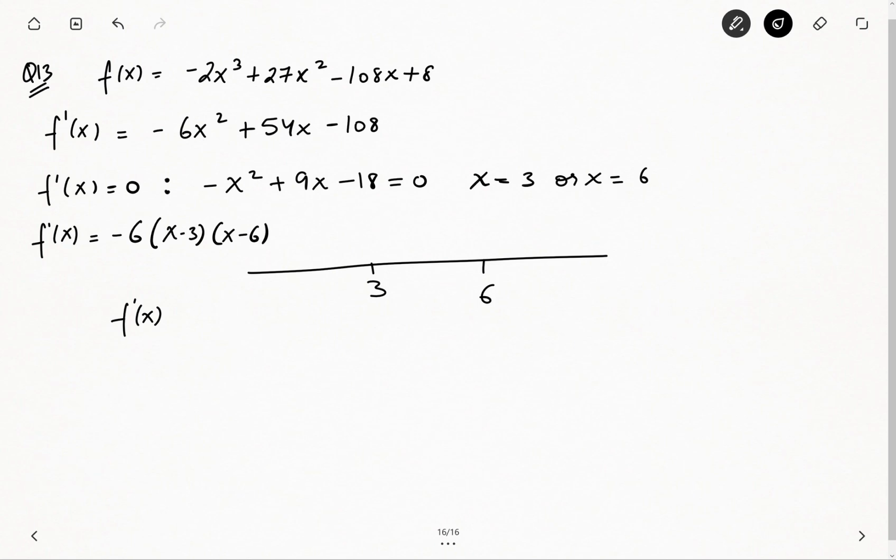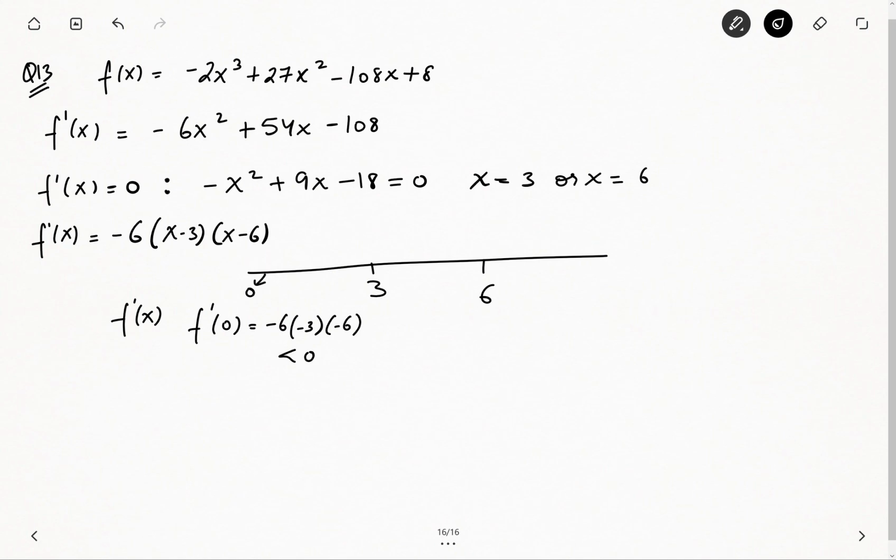There's no difference; it just helps us find the values quicker. If you pick a value 0, f prime of 0 is going to be -6 times -3 times -6, so it's going to be less than 0.